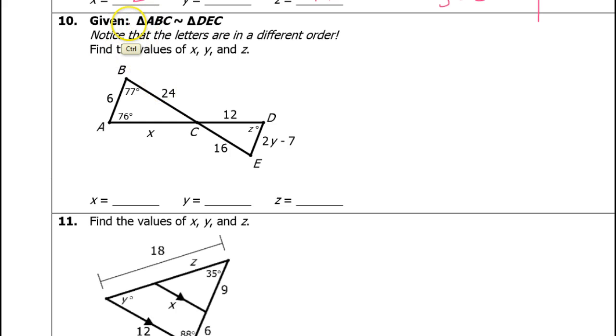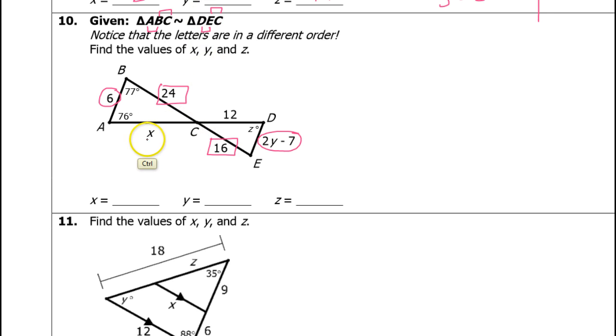Number 10 looks like it's going to be about the same thing. All right. The letters are in a different order. Okay, fine. So AB corresponds with DE. Can you see that? Just looking at the similarity statement. AB corresponds with DE, so I'll put a circle around AB, and a circle around DE. And then I see that BC corresponds with EC, so I'll put a box around each of those.